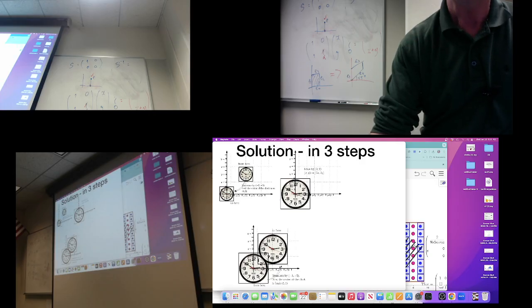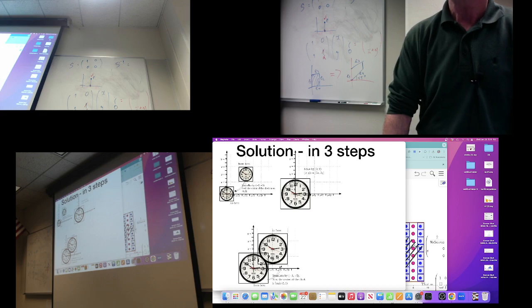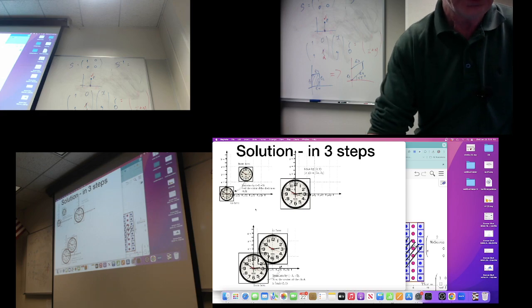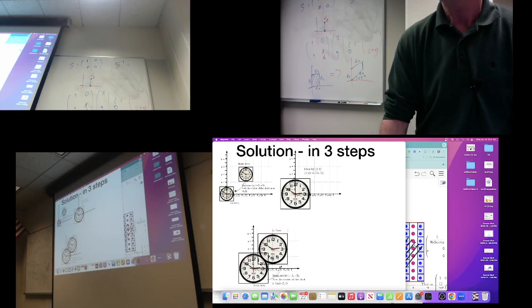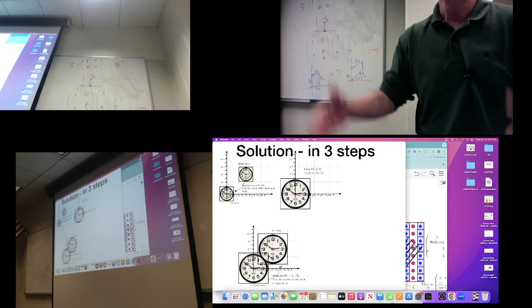And now, knowing the translation that brings the center that used to be at 5, 5 into 0, 0, I apply the inverse transformation, which takes 0, 0 back into 5, 5, but now it's an enlarged clock. So I'll need 3 matrices to solve it, except the middle one will be the multiply by 2.